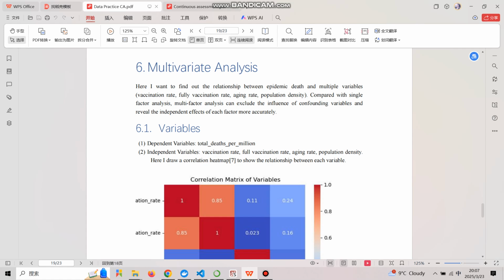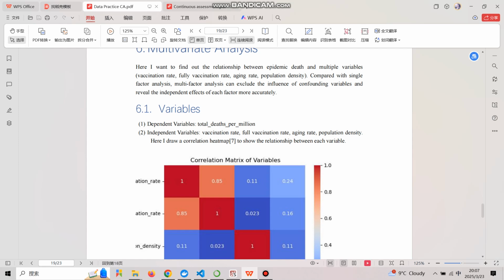Then I used multivariate analysis to combine all these variables together to show the correlation of each variable.